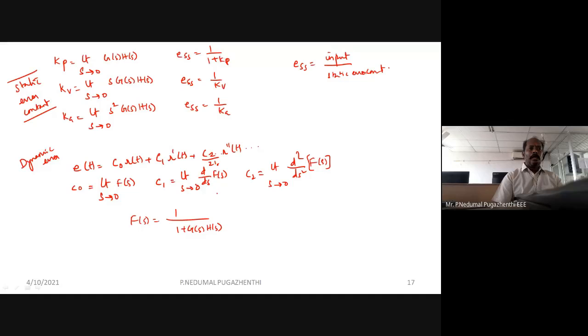And what is steady state error? Other formulas: steady state error is limit t tends to infinity e of t. The other formula in the frequency domain is based on the final value theorem, limit s tends to 0, s into E of s. And what is E of s? E of s is equal to R of s divided by 1 plus G of s H of s.